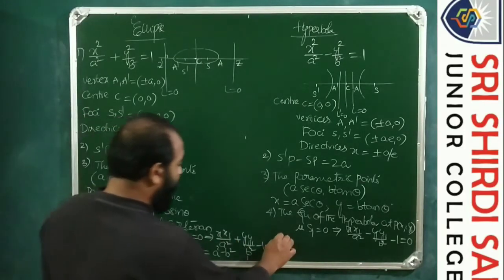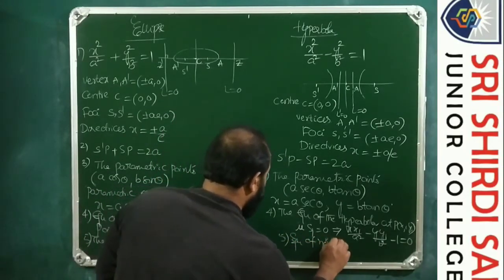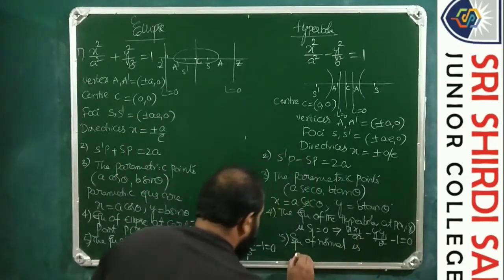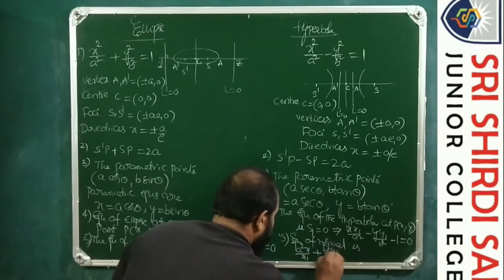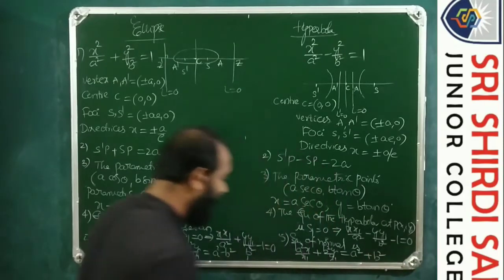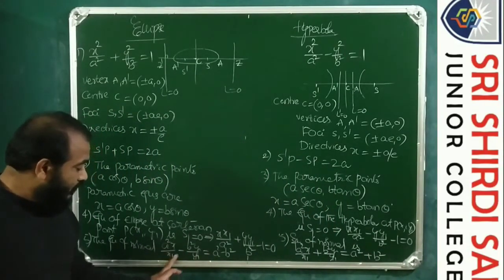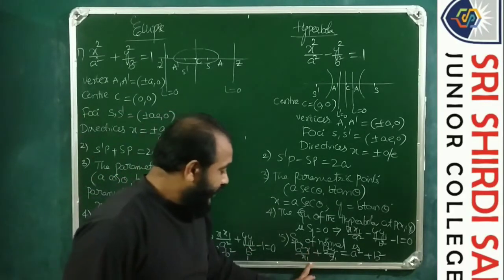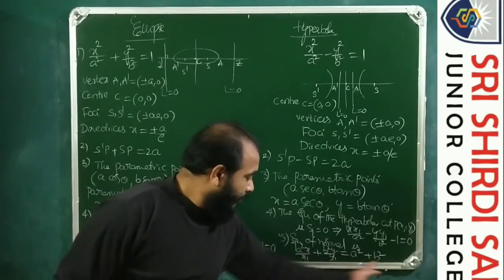Here equation of normal at the Cartesian point is a square x by x1 plus b square y by y1 is equal to a square plus b square. Here everything is minus: a square x by x1 minus b square y by y1 equals to a square minus b square, while a square x by x1 plus b square y by y1 equals to a square plus b square. Everywhere plus you can see here.